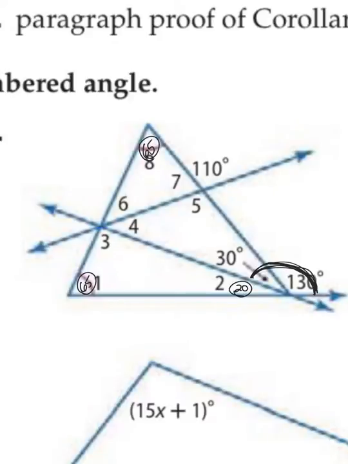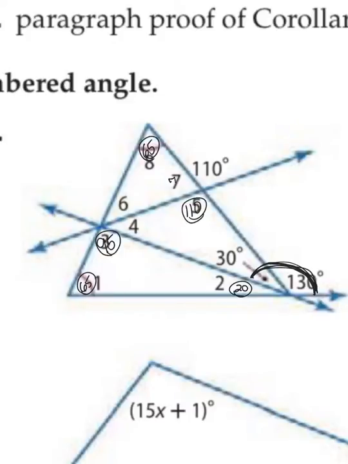If I add the 20 and the 65, that gives me 85. So if I subtract 85 from 180, that gives me 95 degrees for angle 3. Up here, angle 5, it's got to be 110 because it's vertical to the 110 on the outside.